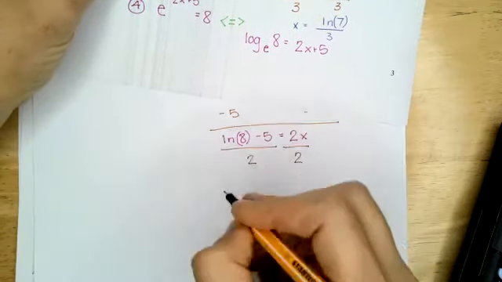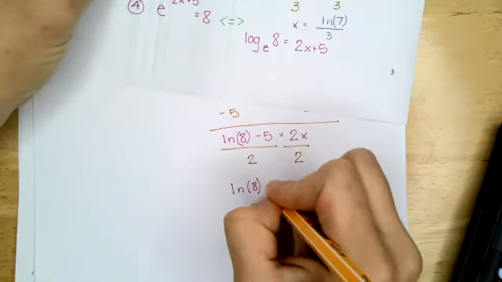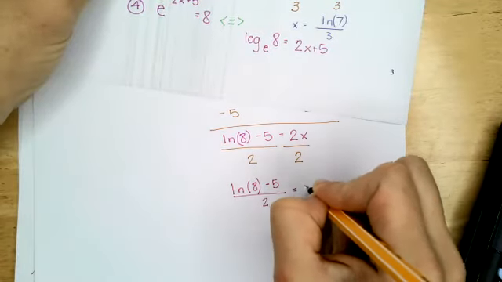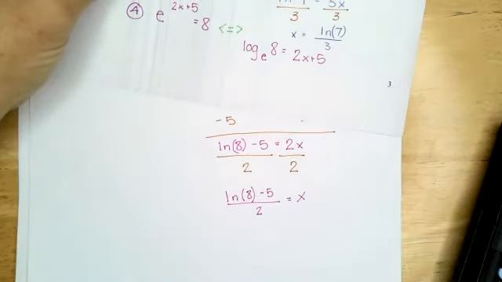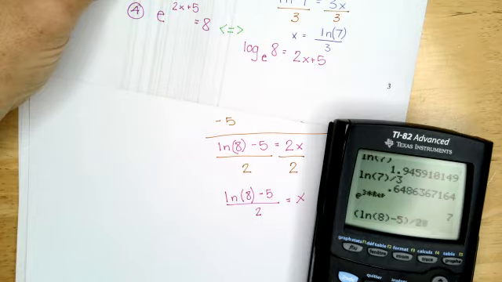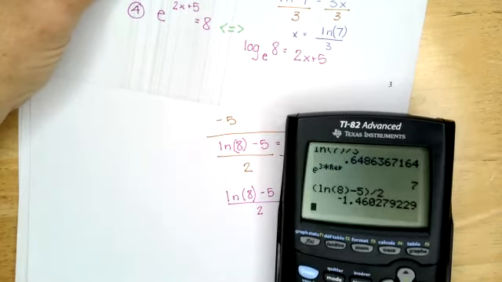My answer is going to be the natural log of 8 minus 5 over 2 is x. Negative 1.4603.